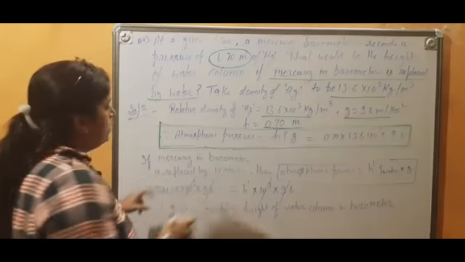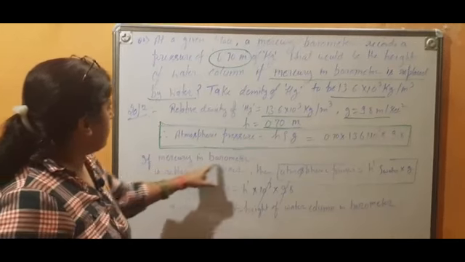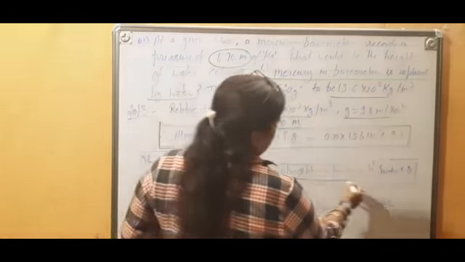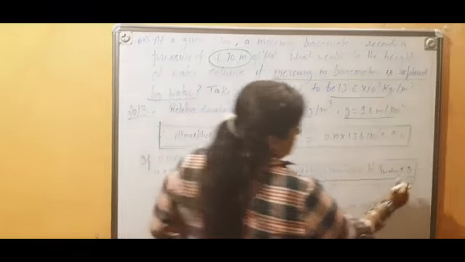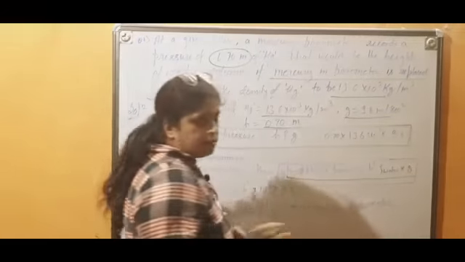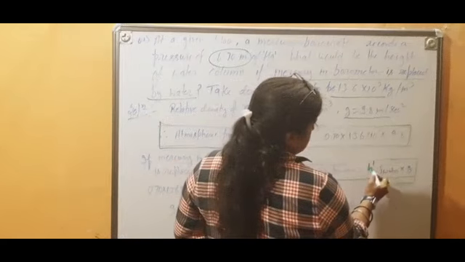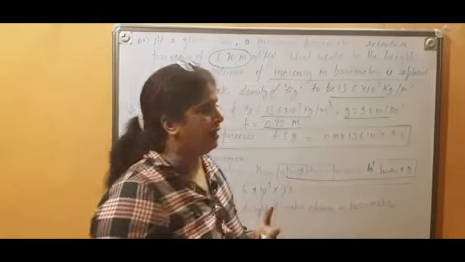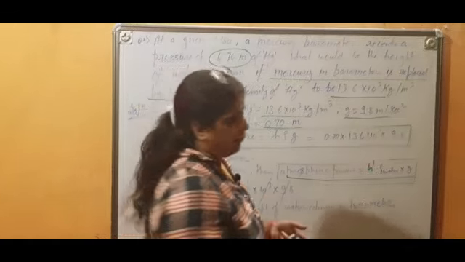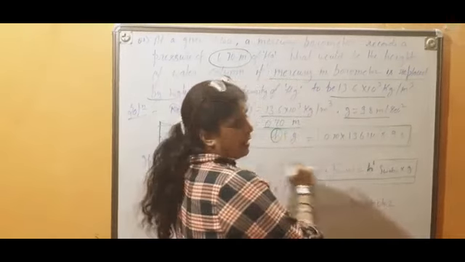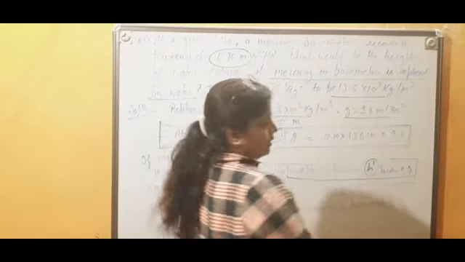Now I have written the condition: if mercury in barometer is replaced by water, then what? Then again the atmospheric pressure formula will be the same. I have written atmospheric pressure is equal to h dash. Here h dash is the height of the water column, because we can't take the same symbol for two different things. h was the height of mercury and h dash is the height of water column.